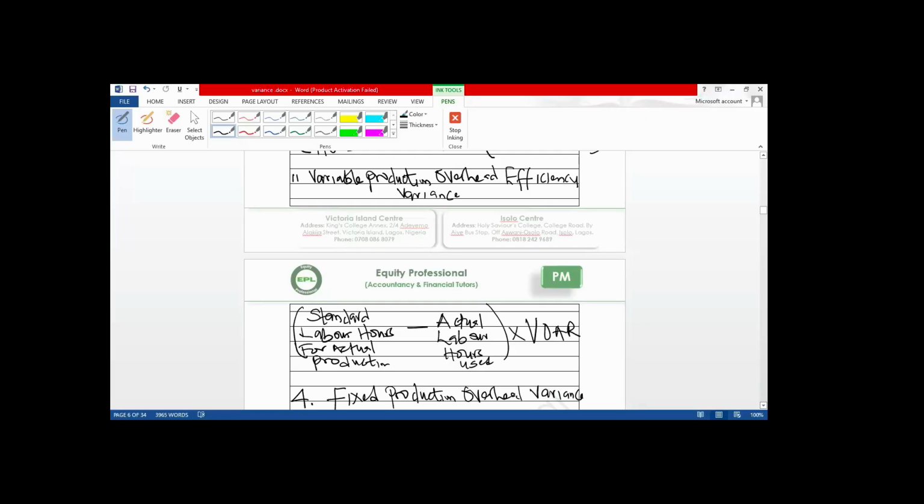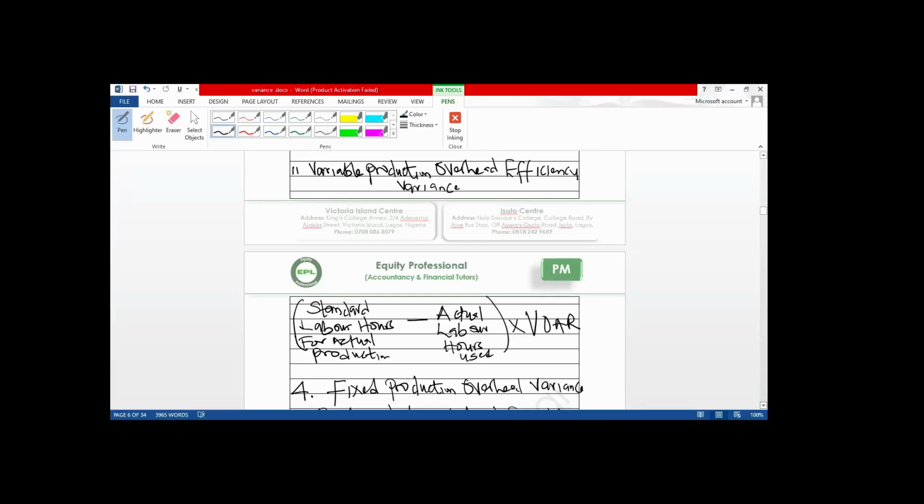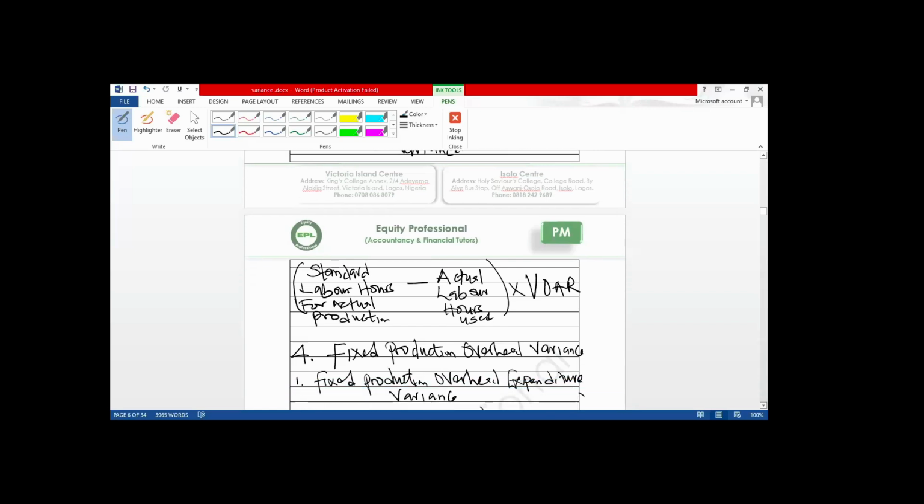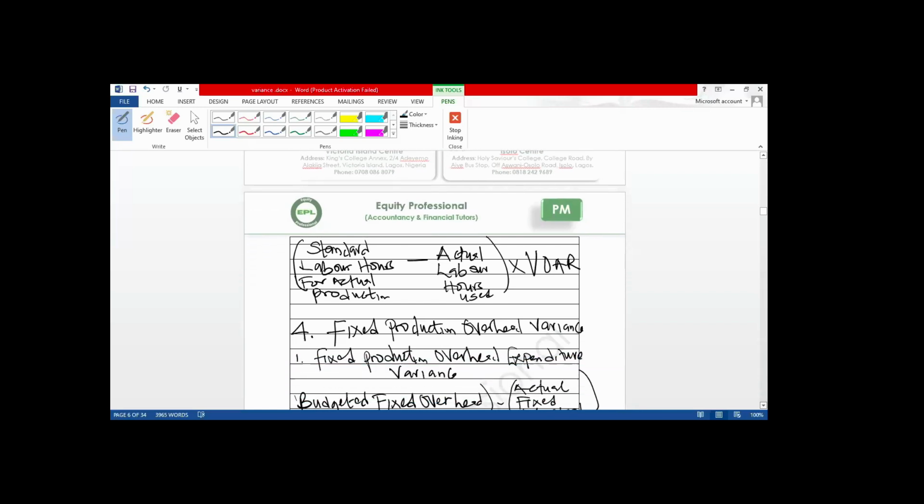Then lastly, we have fixed production overhead variance, where your actual fixed overhead is different from your standard fixed overhead.